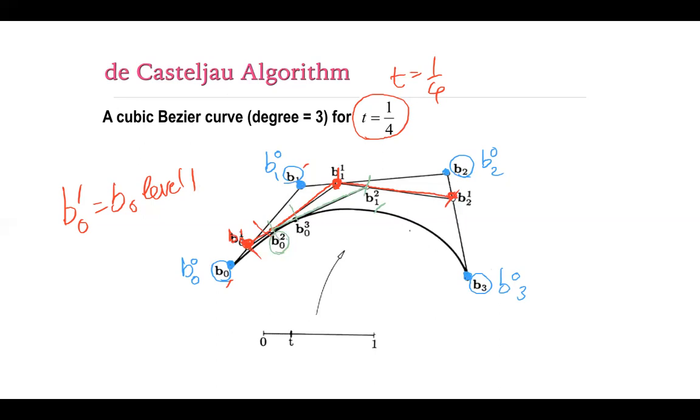And then the last one, at t equal to 1/4, we have B0 level 3, because n is equal to 3. So this point is a point on the Bezier curve according to t equal to 1/4. This is the way that the Casteljau algorithm works.